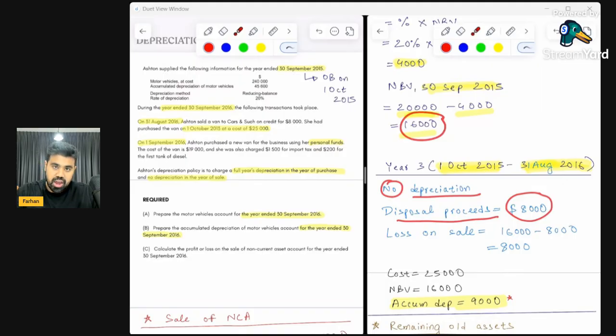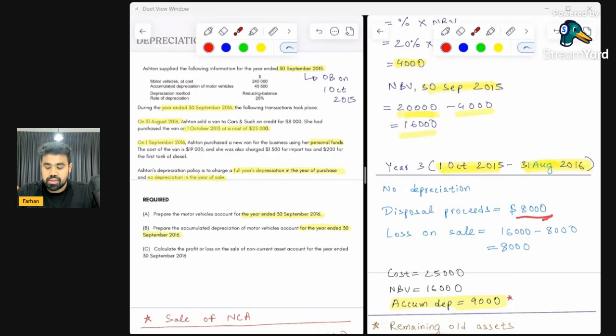As you can understand, we had $16,000 worth of value remaining in our asset for consumption, but we ended up selling it for $8,000, which clearly means we ended up selling it for less than what it had remaining in terms of economic output. This clearly means we have sold it for a loss.